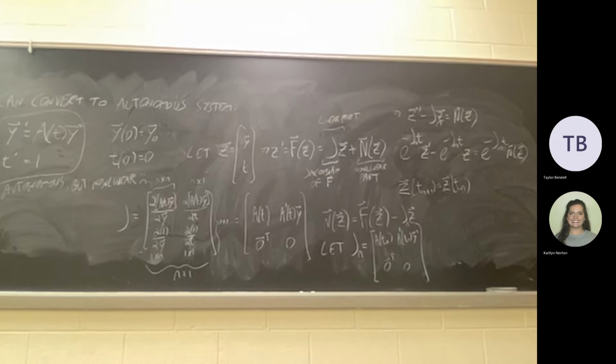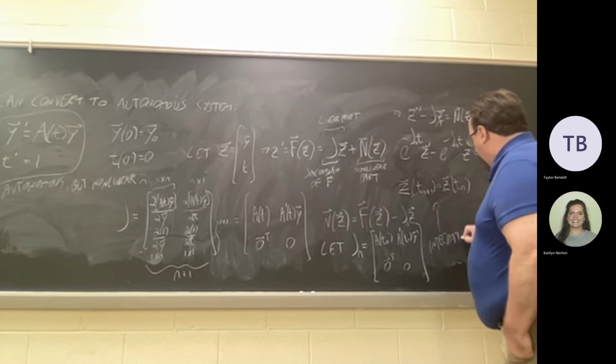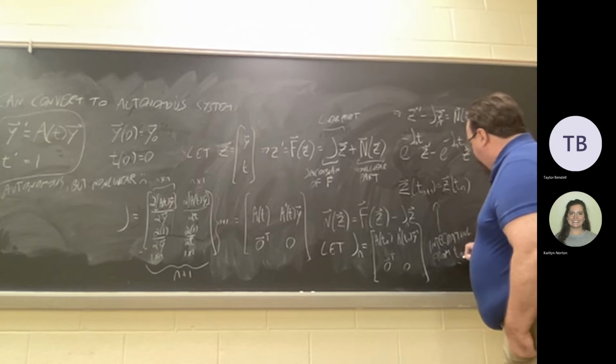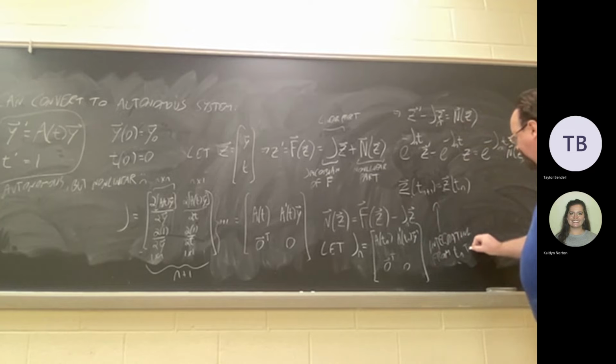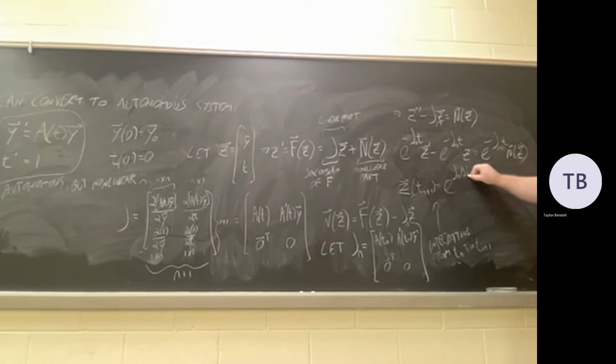If I get around to writing up these notes, which I know I've been negligent on lately, I will write it out fully. So what I'm doing here is integrating both sides from time tn, the time where I evaluated the Jacobian, to tn plus 1. And what I will get is Zn plus 1 is e to the Jn delta t, Z of tn. Okay.